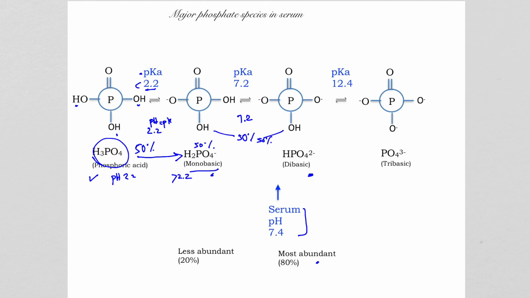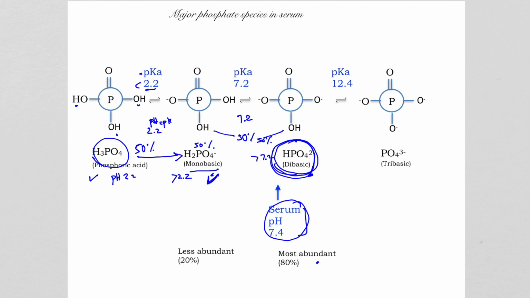Once we go beyond 7.2, we have more of this. Serum pH is 7.4, and that's why this is the predominant form, and this is present in less amount.